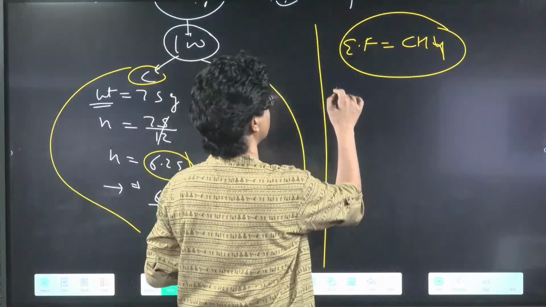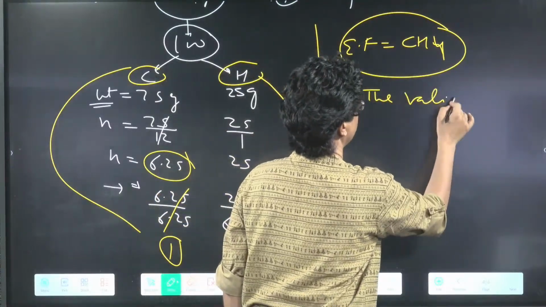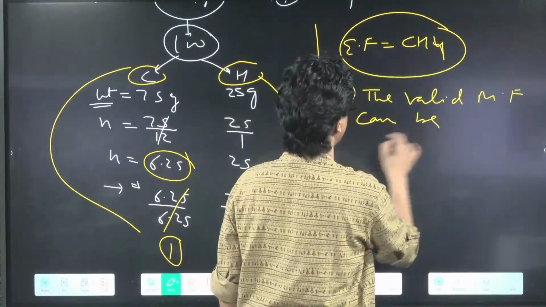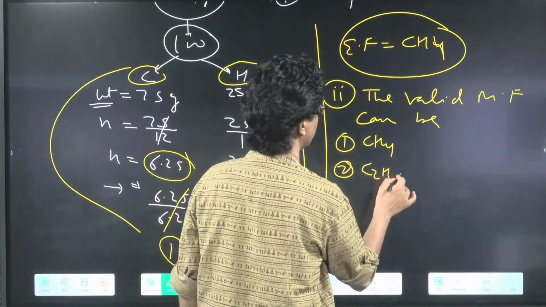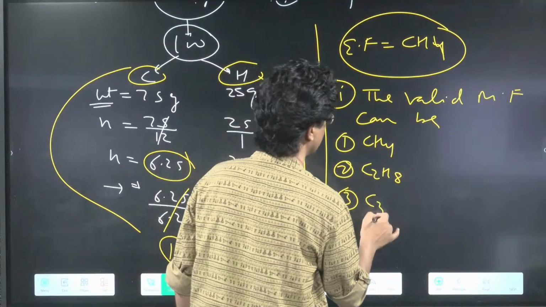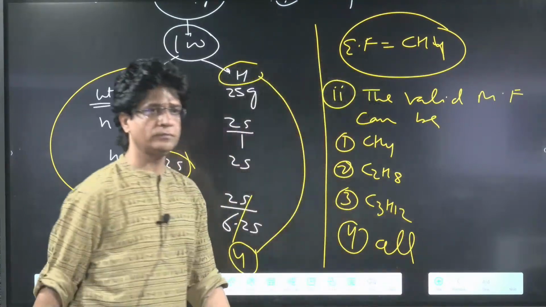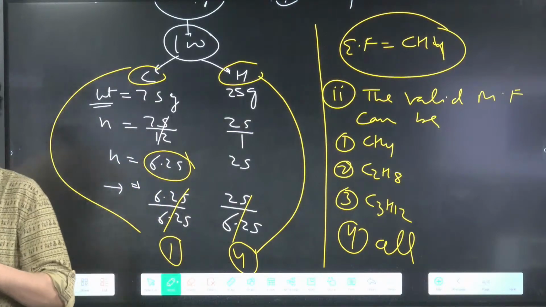Now the second part is: the valid molecular formula can be first CH4, second C2H8, third C3H12, fourth all. What is the answer? Simple question, be quick.